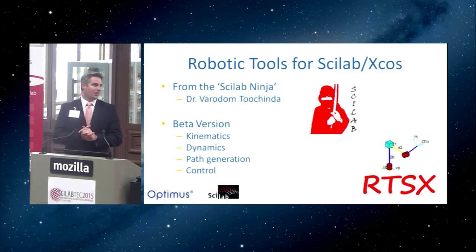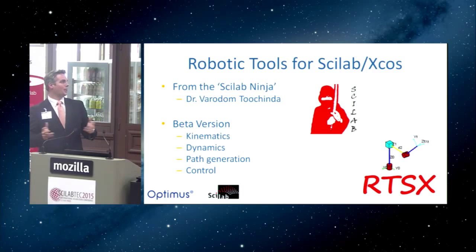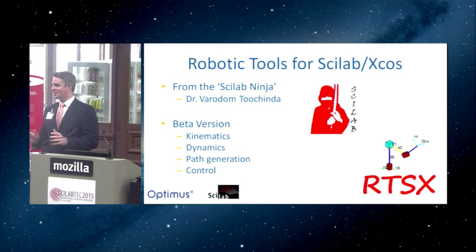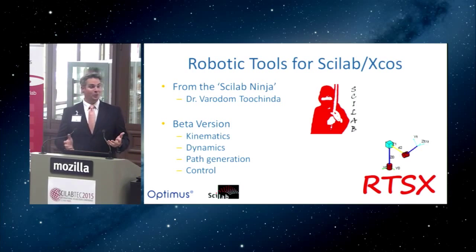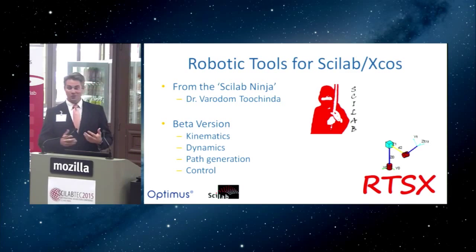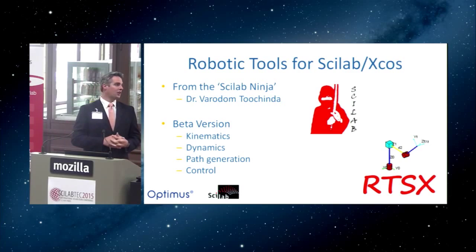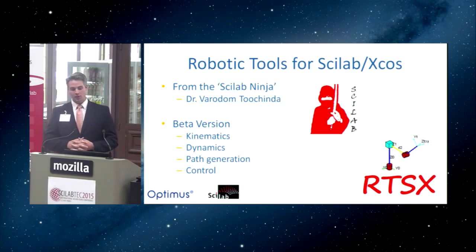We found this great toolkit or toolbox, I guess, from this professor in Thailand that refers to himself as the Scilab Ninja. I didn't have any previous interaction with him, but going through this guy's webpage, it's really fantastic stuff. He teaches controls in Singapore, and he's put together this fantastic robotics toolkit, this RTSX.